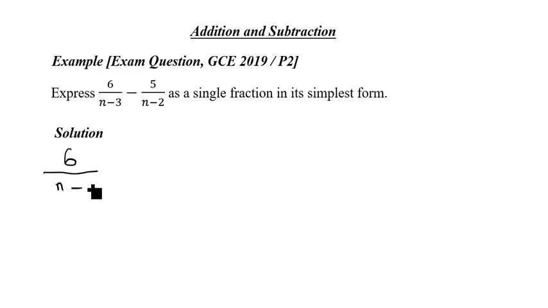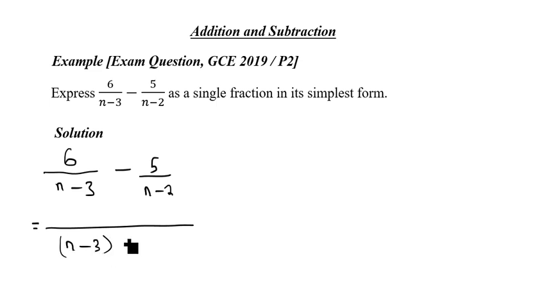Okay, so we have n minus 3 and n minus 2. So this is a denominator for this fraction. This is the denominator for this fraction. So to find the common denominator, since these two denominators have a variable which is n, what we are going to simply do is to just get the same denominators and then multiply them.